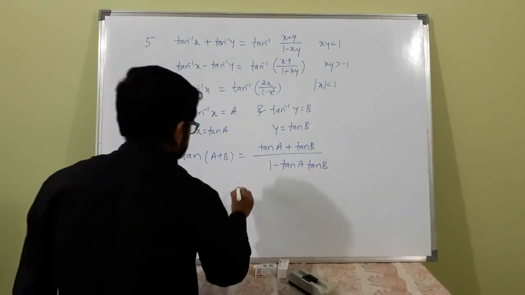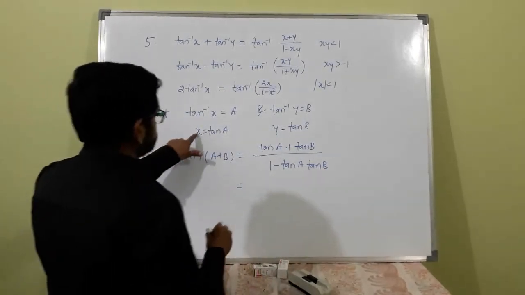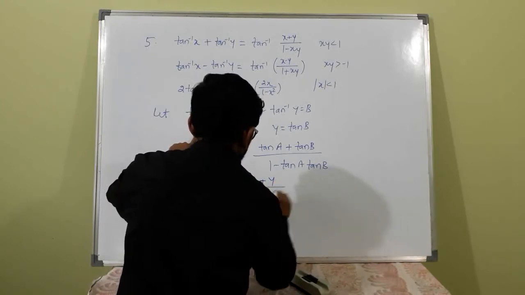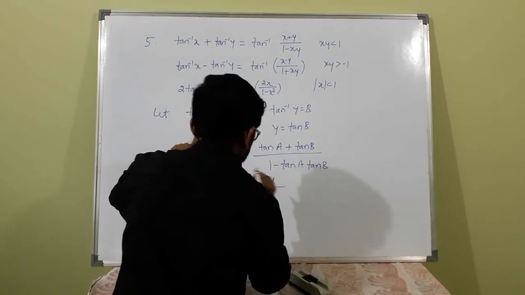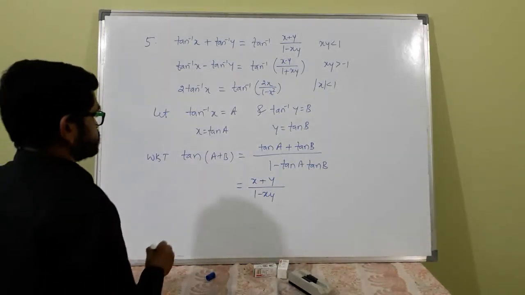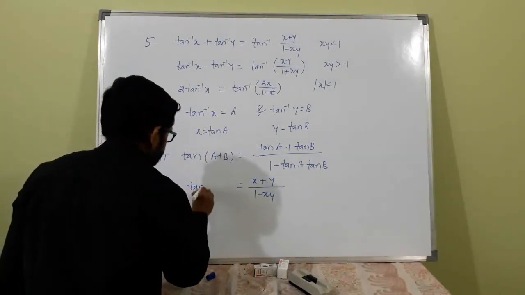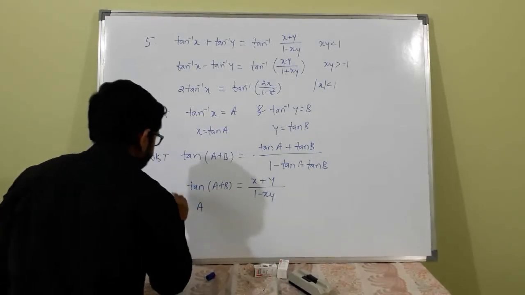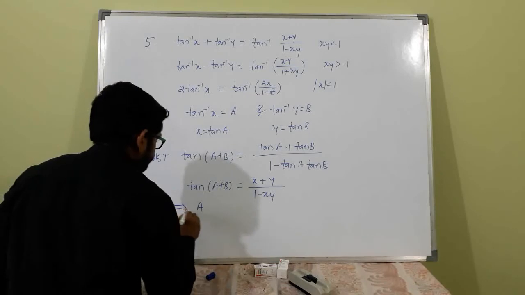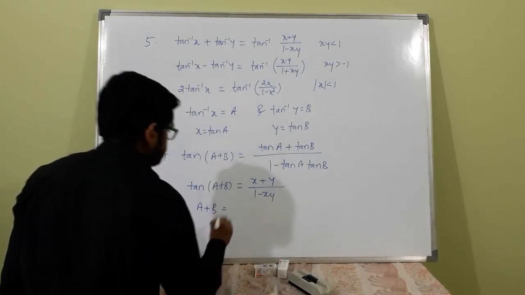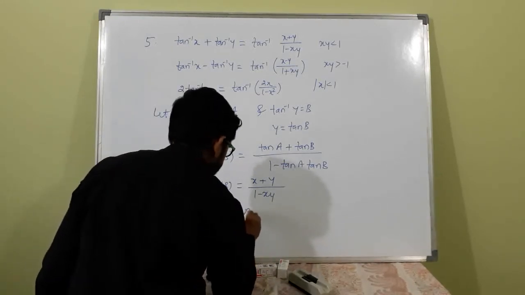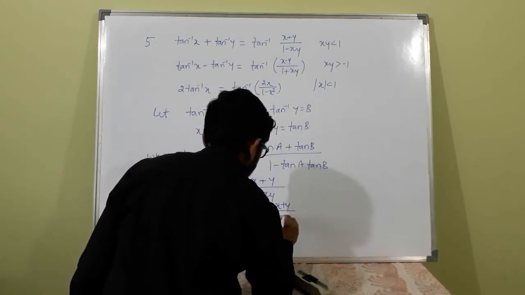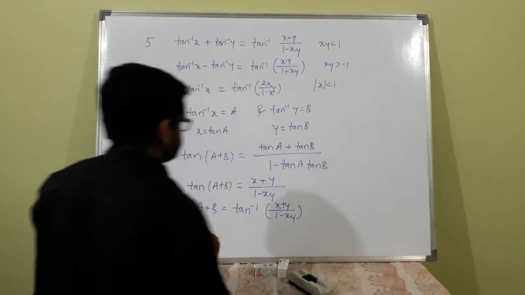So what is tan a? Tan a is nothing but x, tan b is y, 1 minus x into y. So this is tan of (a plus b). So what is a plus b? A plus b is tan inverse of (x plus y) divided by (1 minus xy).